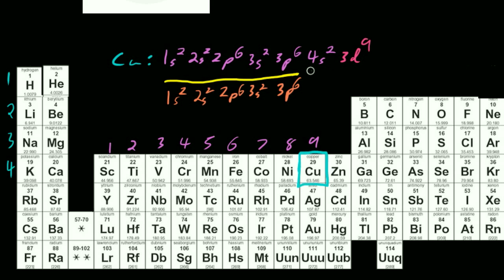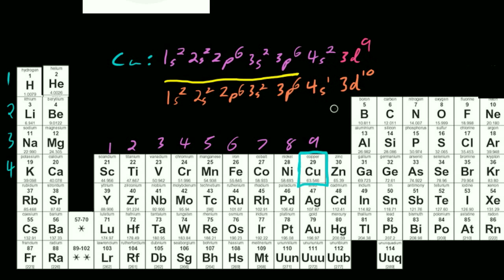And now at this point, instead of 4s2, we're only going to have one electron in this 4s orbital. So if you remember from the last video, we're going to have a half-filled 4s orbital. And then what's going to happen to our 3d orbital? Well, we're going to have a totally filled 3d orbital.